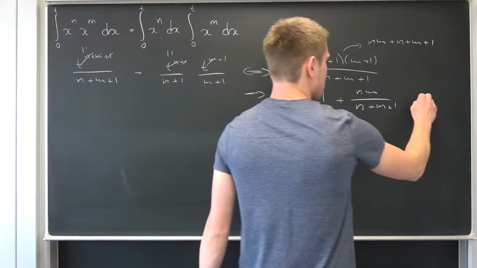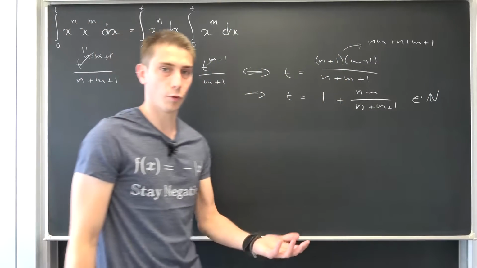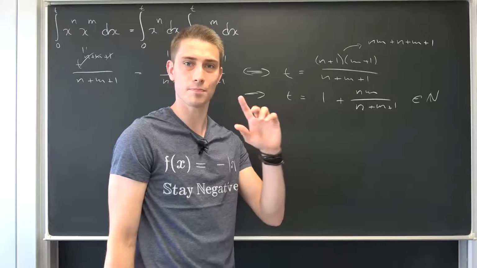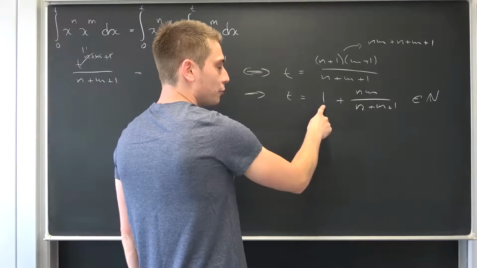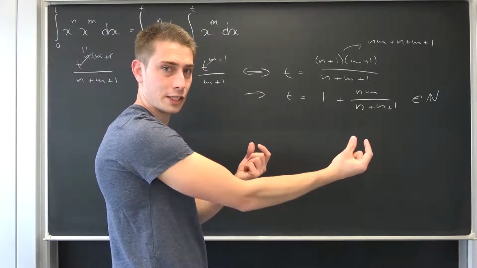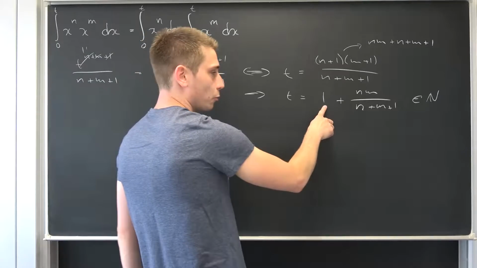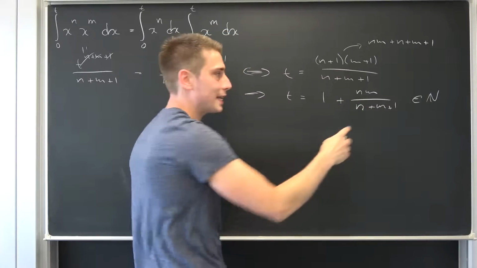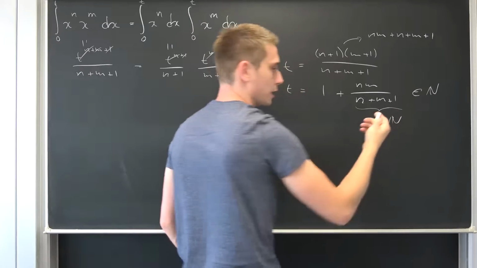Meaning, we want this to be an element of the naturals. The naturals do not form a group under addition, but they are closed under addition. Meaning, if we have a natural number plus another natural number, both added together are going to be in the naturals once again. 1 is a natural number, meaning in order for this whole sum to be in the naturals once again, we need this part right here to be an element of the natural numbers.